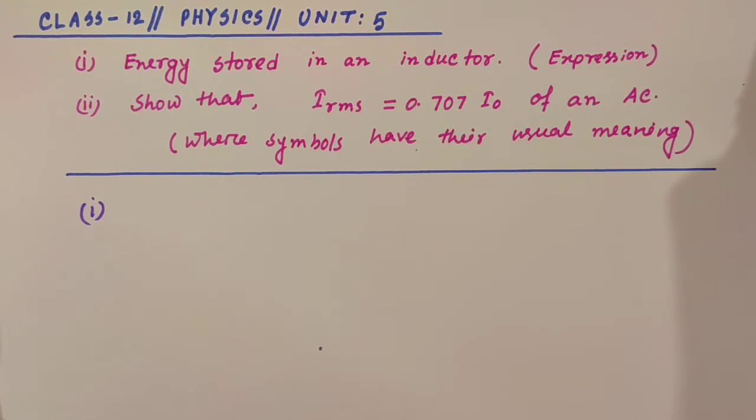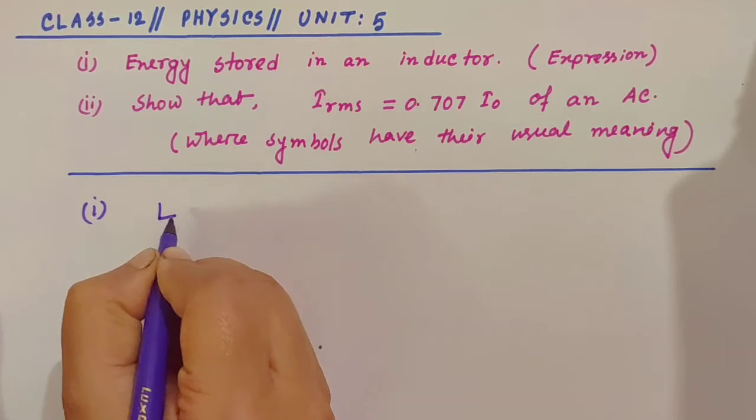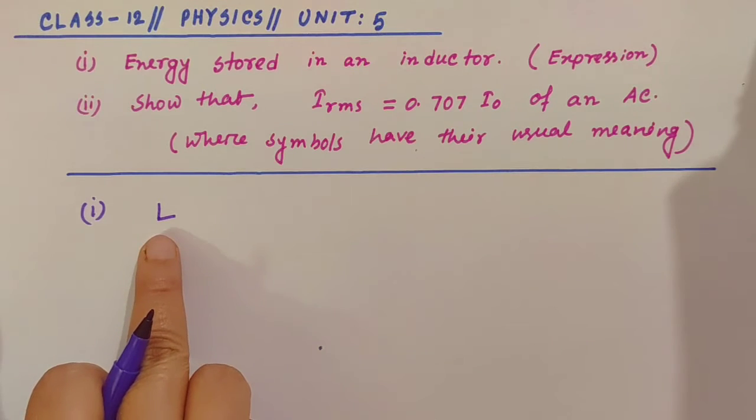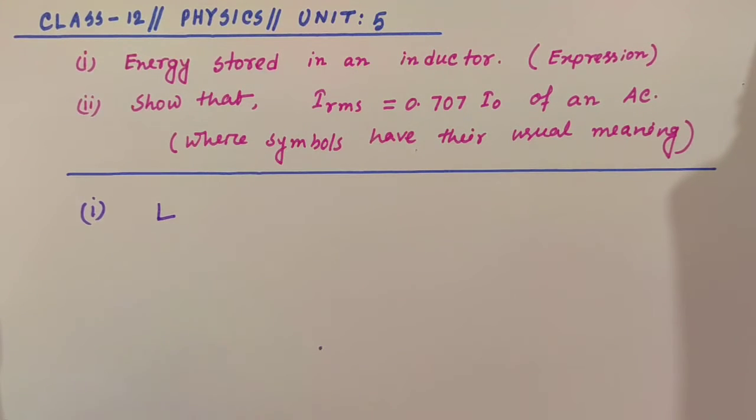So to calculate the expression for energy stored in an inductor, we consider an inductor of inductance L. Suppose an inductor of inductance L is connected to a source supplying current whose value can be varied continuously from 0 to some final value.